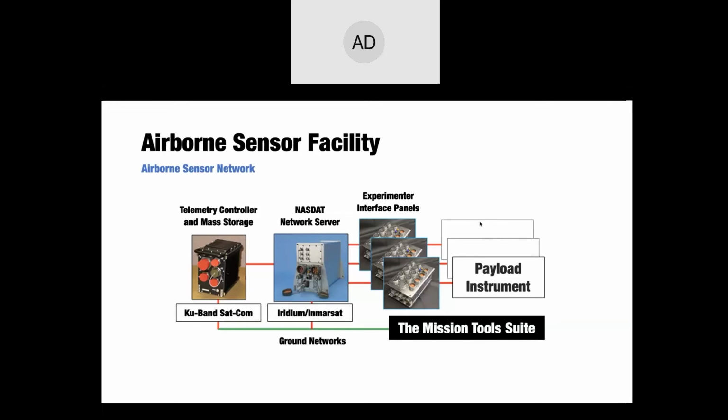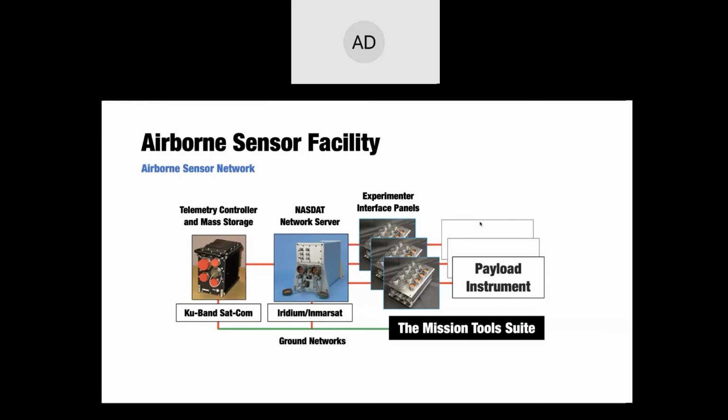So some of you may have seen this slide before, but within the Airborne Sensor Facility, there's been over the last decade and maybe even a little bit longer, this airborne sensor network that's been developed. And this is kind of where the mission tool suite came into play. You have all this information that's telemetered to the ground. What people on the ground want to be able to use, they want to be able to see and use that information to make decisions about what's going on in real time.